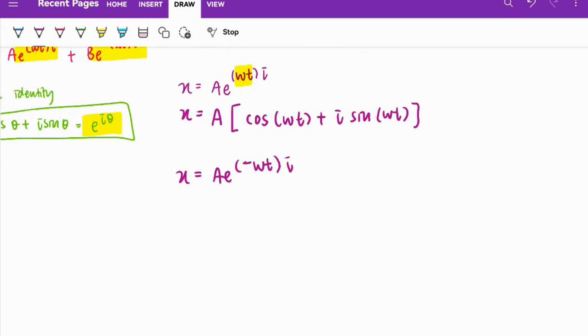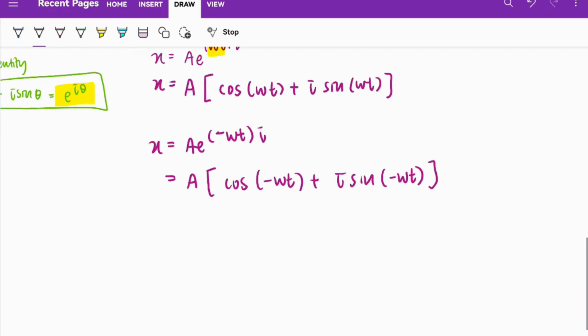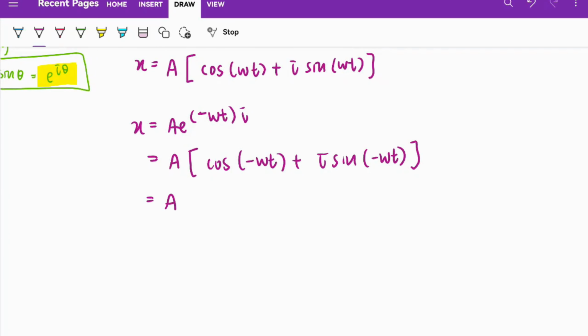So let's rewrite it: A cos negative omega t plus i sine negative omega t. Cos can suck out the negative, right? And for sine, we can bring out the negative. So cos omega t without the negative, minus i sine omega t.